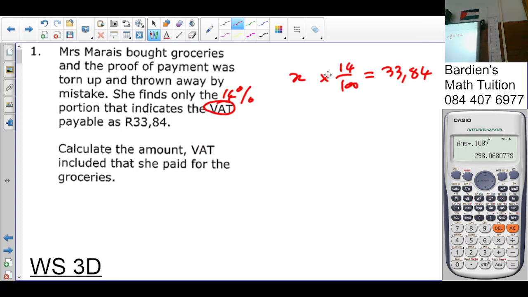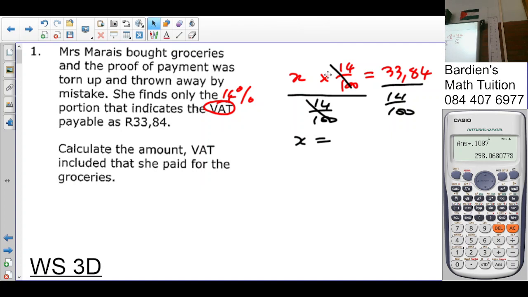Divided by, which is the X value. So I divide both sides by 14 over 100, so that cancels. So X is equal to 33.84 divided by 14 over 100.